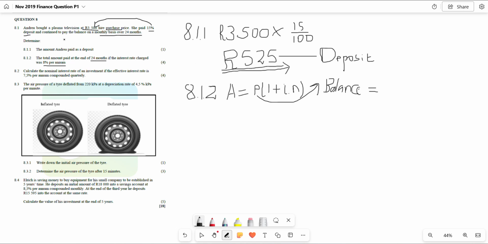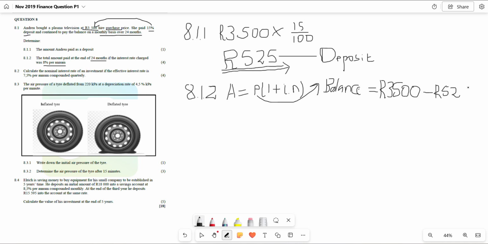In this case, Andrea wants to buy a plasma television. It costs 3,500 rand. From this cost of an item, which is 3,500 rand, we must take out the deposit that she already paid. Andrea paid a deposit equivalent to 525.